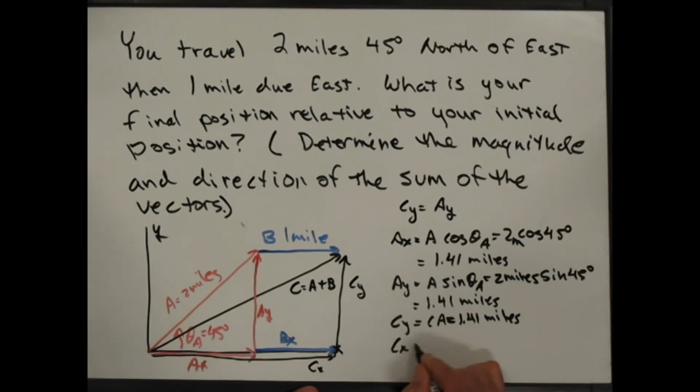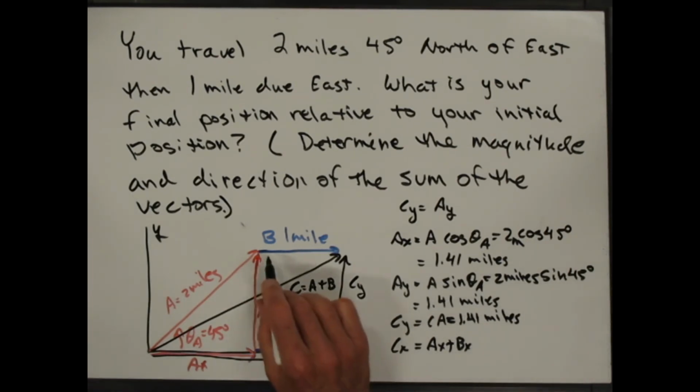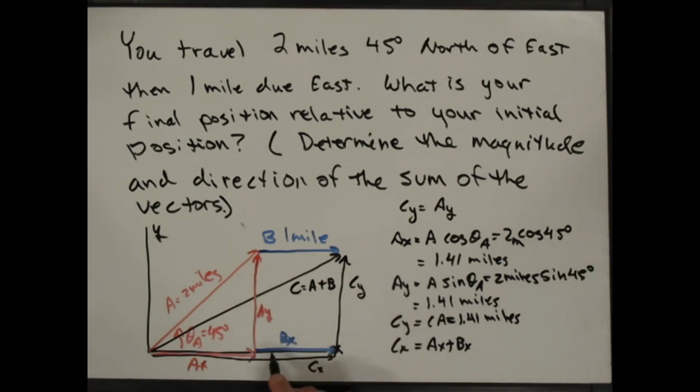And CX is AX plus BX. And since the X component of B is just B, because B is only in the X direction, this becomes 1.41 miles plus 1 mile.